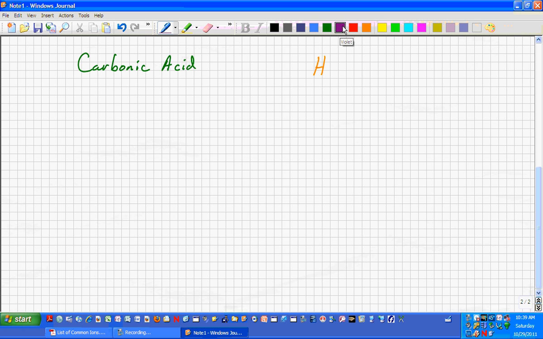I take a look at the ic ending. Ic means that my anion must end in ate. So that leaves me with this root here.